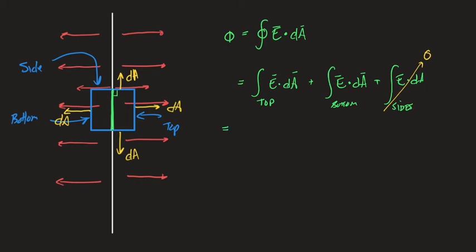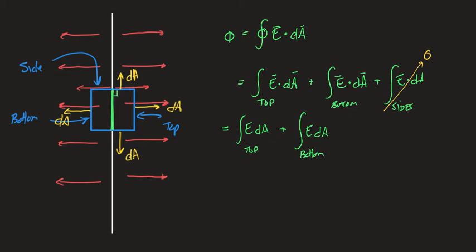So I've dealt with the dot product here. I know it's going to be the cosine of 0 degrees for both. Dot product is cosine, and the area and the electric field point in the same direction, so 0 degrees. That makes this E times dA for the top plus E times dA for the bottom.